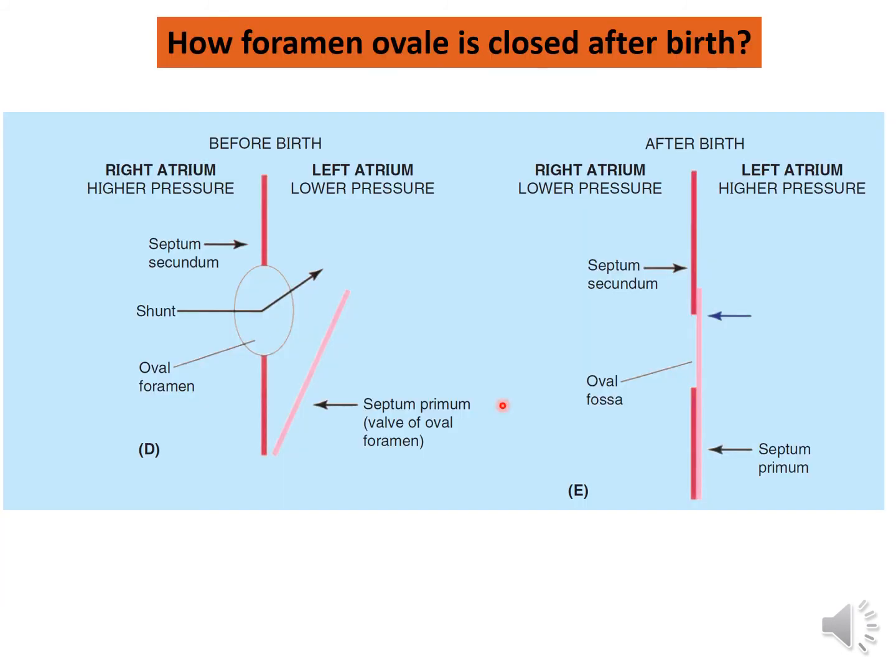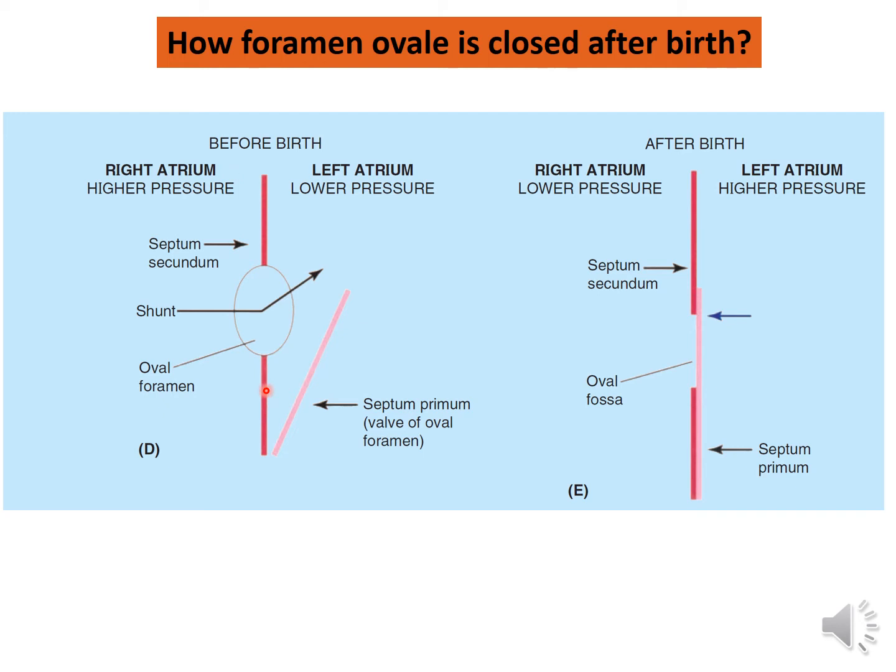Here I will explain how the interatrial septum is formed, what the foramen ovale is, and when it is closed. Here you can see fetal life, and this is after birth. In fetal life the circulation is different when compared to adult circulation. Here you can see the right atrial cavity and the left atrial cavity.